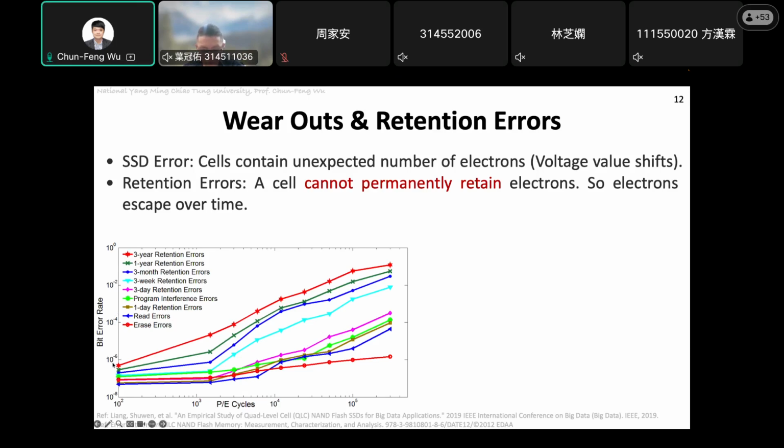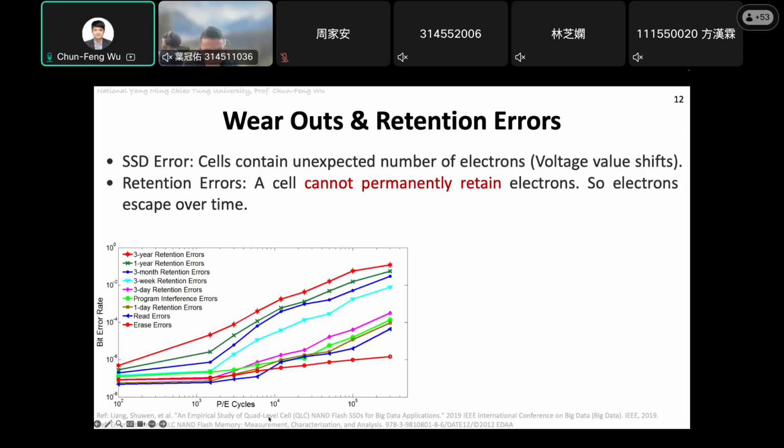So 10 to the minus 6 means 1 error per a million cells. 10 to the minus 2 means 1 error for every 100 cells. And 10 to the 0 means every cell gets an error. So this is the error rate. A higher error rate means your SSD is going to fail or crash very soon. Okay. So a lower bit error rate, like here, means your SSD is still in a very healthy status.